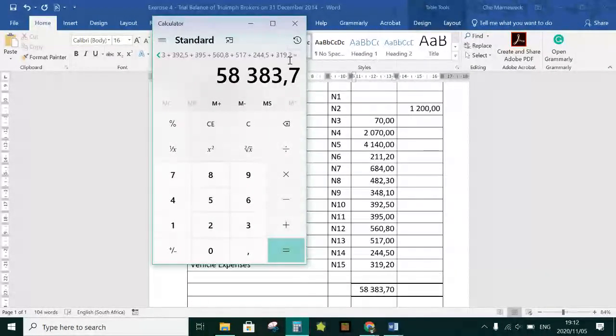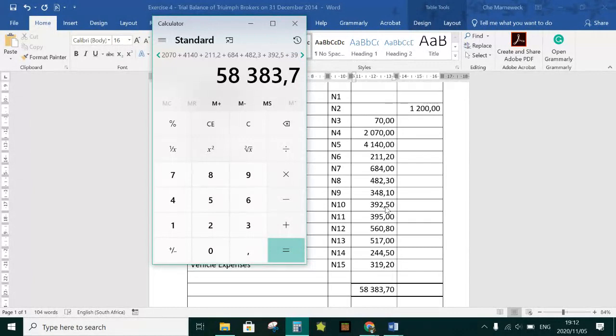So I've got 319.20, 244.50, 517, 560.80, 395, 392.50, 482.30.